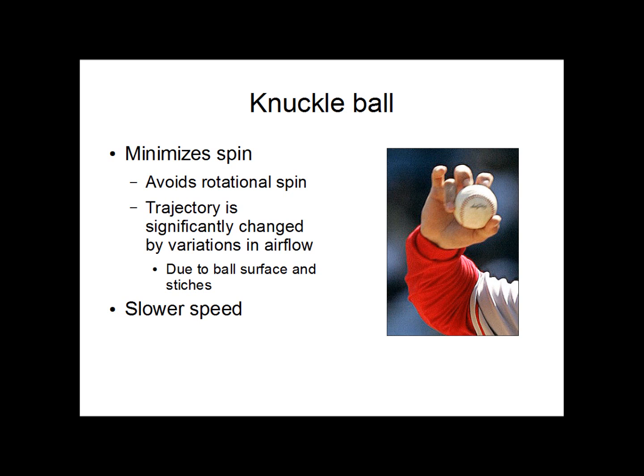This happens because the ball isn't rotating, so the smoothness of the ball and the unevenness of the stitching allow the air to impact it in different ways, since it's not a completely smooth surface. If the ball is tilted in some way or it's not symmetrical, variations in the airflow will cause a slight alteration in force on the ball, which causes the ball to move in different directions, and that makes for a very interesting pitch.